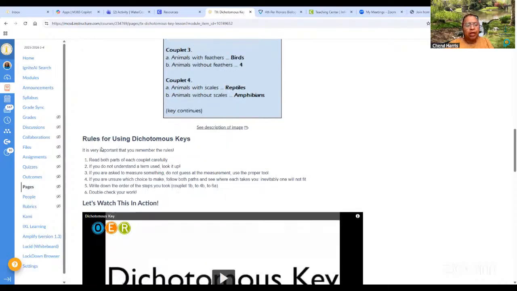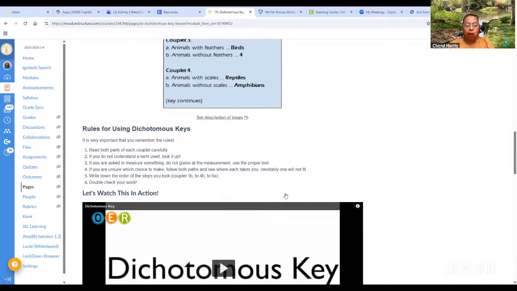Okay. So you have to read both parts of the couplet because, like I said, you need to look at the organism and decide, does it have this or does it not? And then you have to decide yes or no, and then you have to look at the steps A or B for each couplet. Okay.